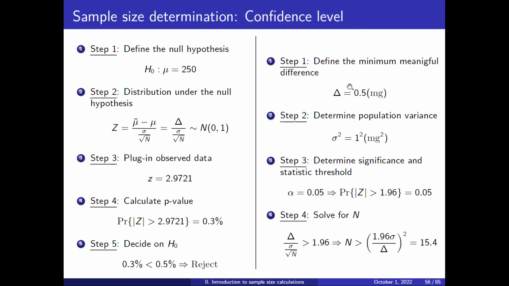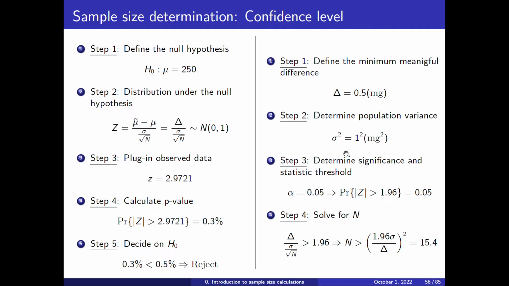So now you have the effect size that is not coming from an experiment, it is coming from your design. So you want to detect this if it happens. It doesn't mean that it will happen, but if it happens, then you want to see it. So now you know delta. You also need to know your population variance. So you need to characterize previously the machine and know what is the variance.